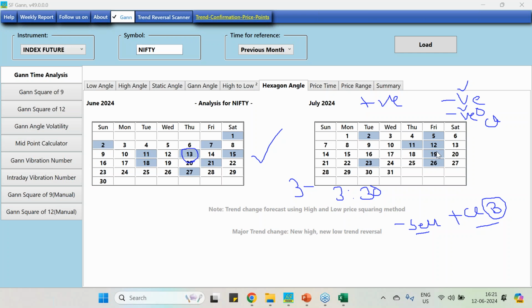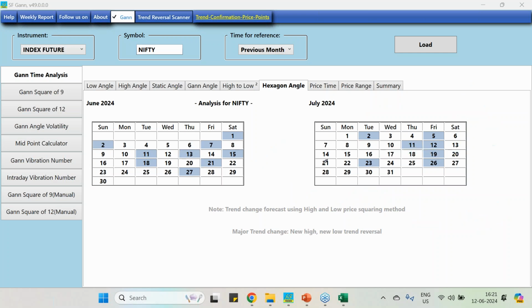But once the trend change happens, we have nothing to do. Suppose the 13th is a positive trend change date and it has not respected it, and it has also opened positive. Then we have sufficient time to enter the trade, because the 12th was positive and on the 13th we are expecting a negative closing. So we can sell Nifty along with a call option purchase to take the benefit of the trend change day.